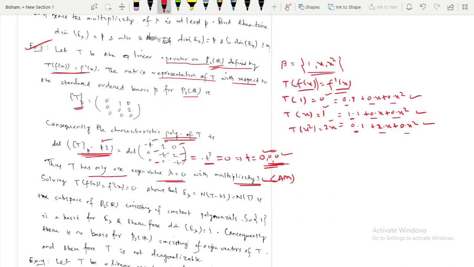Here in rough I am calculating the corresponding eigenvectors for lambda equal to 0.